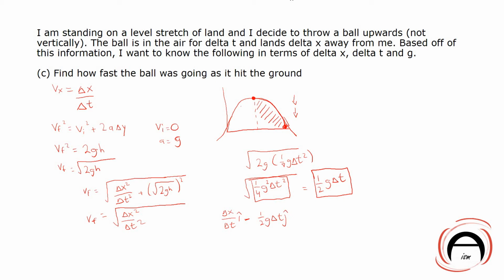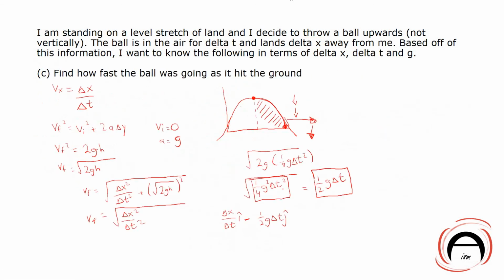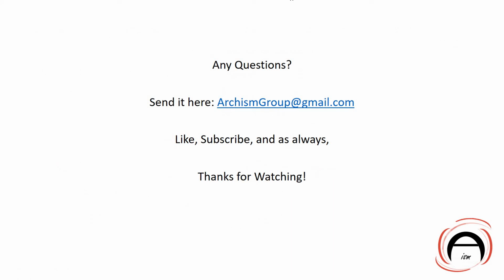That's because if you draw the vector, you're going to have velocity in the x direction like this, and velocity in the y direction pointing downwards, so it's moving in the negative j hat direction. That's why it's slightly different than what we got in our first problem. I just think it's pretty cool that the magnitude of the velocity at the beginning is the same as the magnitude of the velocity at the very end. So that's it right there.